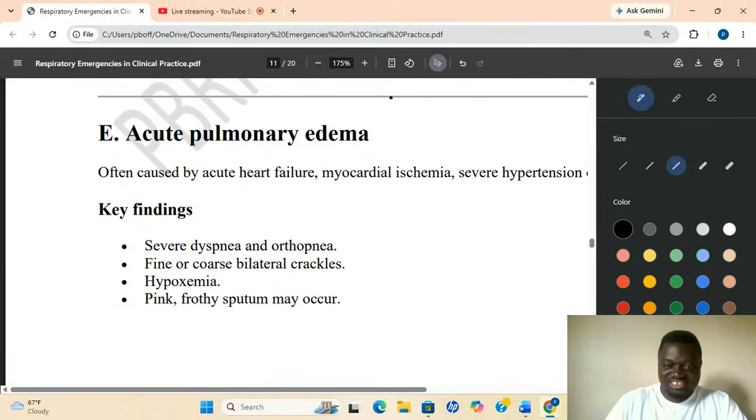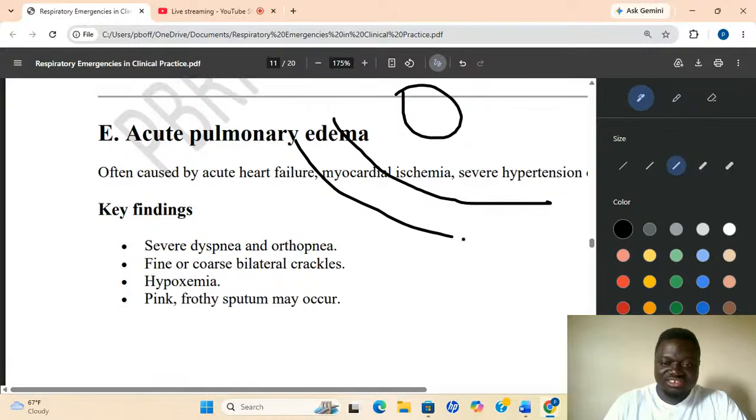This is the lungs, and this is the blood vessels. This blood vessel pressure becomes so high that plasma shifts from here to here, the space.